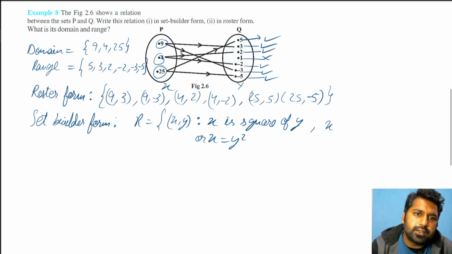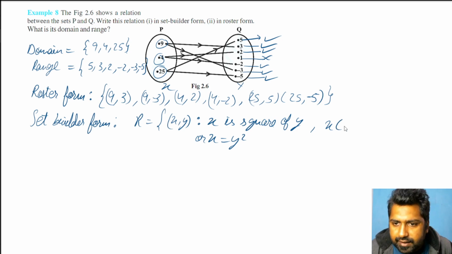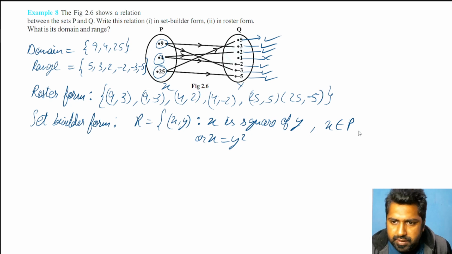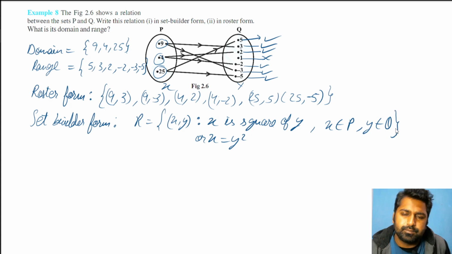Either we can write like this: x belongs to set P. Just forget about writing the exact condition. We'll say x belongs to set P and y belongs to set Q. That's it.